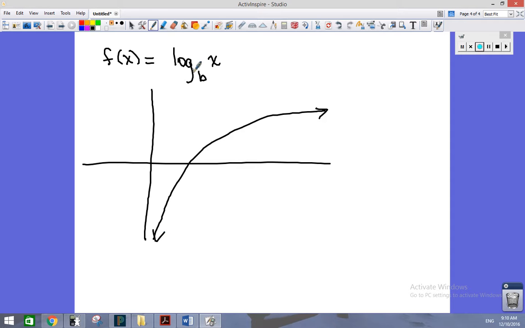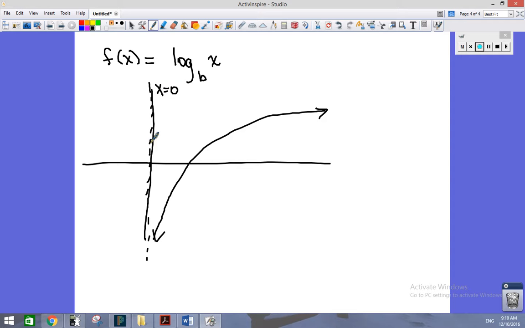Logarithms and exponentials are inverses of each other, so a log is just a reflection across the line y equals x of an exponential. So remember, for inverses you switch the domain and range, you switch x and y. So what used to be for an exponential function a horizontal asymptote of y equals 0 is now a vertical asymptote of x equals 0, because x and y switched.